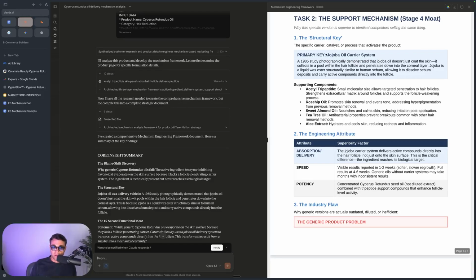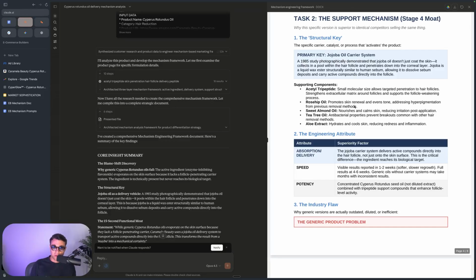This is going to be what looks like our main mechanism, which is having a carrier oil, which is jojoba oil. But then we can still mention these within our scripts. We can still mention it contains rosehip oil, which promotes skin renewal and evens tone, addressing hyperpigmentation from previous removal methods. And if you think back to our raw research, a lot of people on Reddit were saying that when they're doing things like laser hair removal, one of the side effects was actually dark spots and hyperpigmentation.